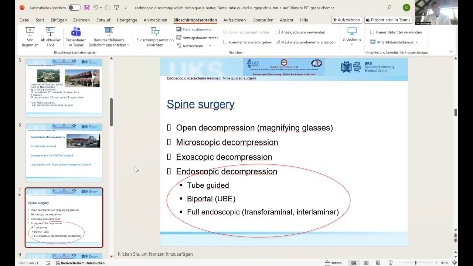Tube guided is regarded the least minimally invasive, probably because it's frequently done with a tube system and microscopic procedures. Then we have the biportal and the full endoscopic. The full endoscopic is different in that you have one telescope with an integrated working channel, camera channel, and irrigation channel.